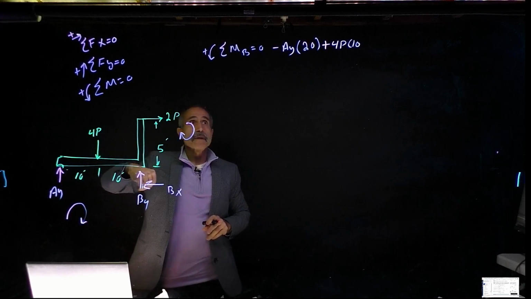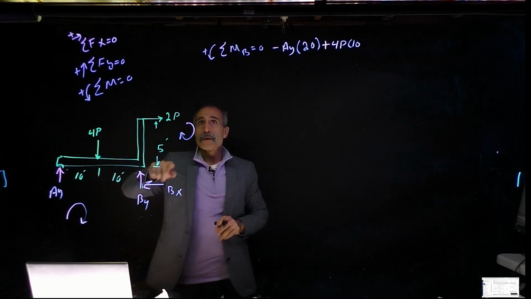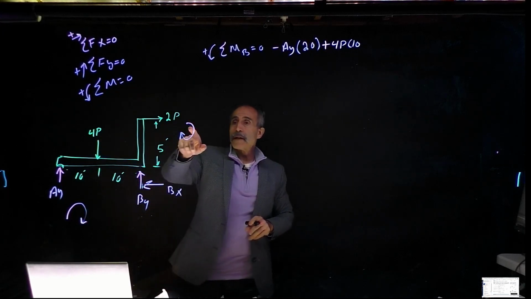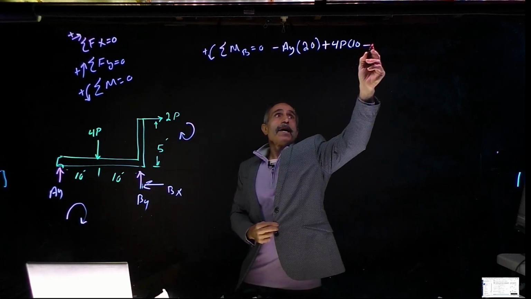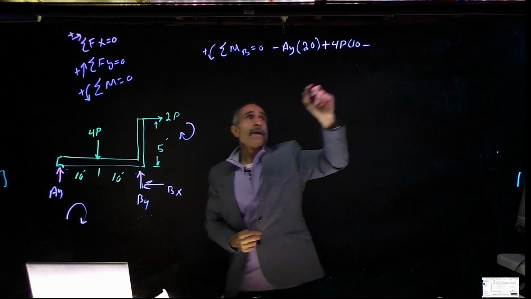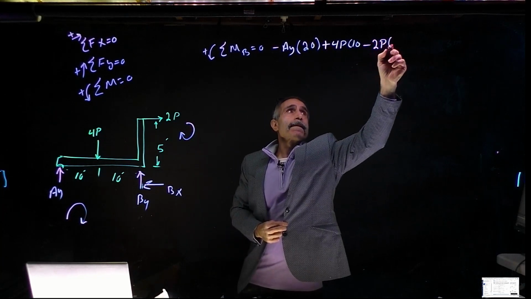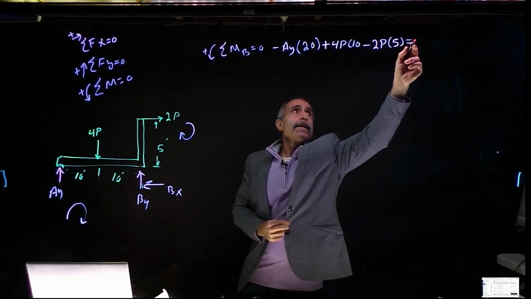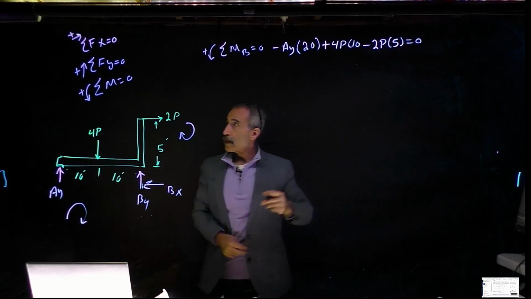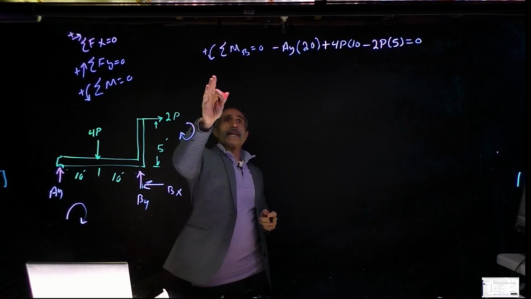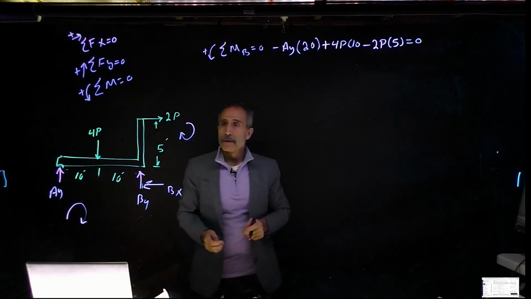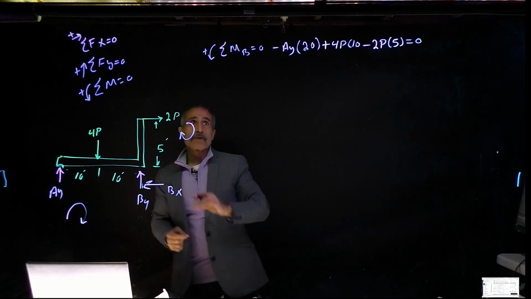This going clockwise, that going counterclockwise, and this is going clockwise, so it's negative. So it's minus 2p times 5 equals 0. It's really important that you get this sign correctly, otherwise your answer will come out wrong. So take your time when you do this rotation.